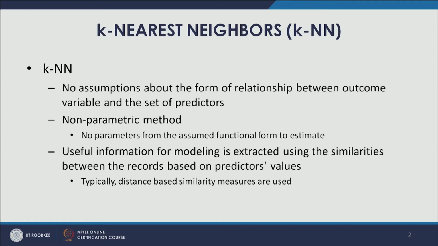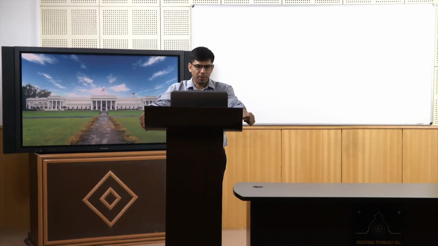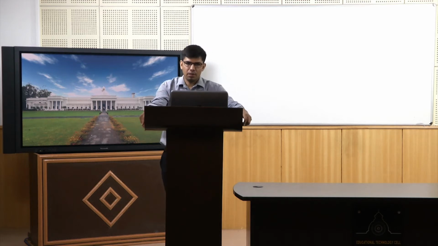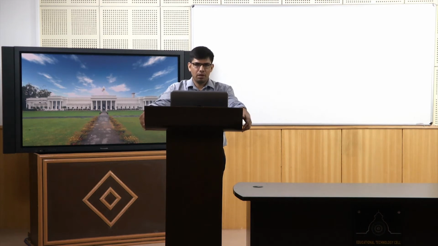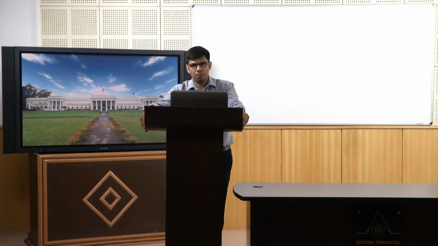Another important fact about KNN, and typically about other data mining techniques as well, is that it is a non-parametric method. For example, in the multiple linear regression that we concluded in previous lectures, we used to estimate the betas and the sigma value.